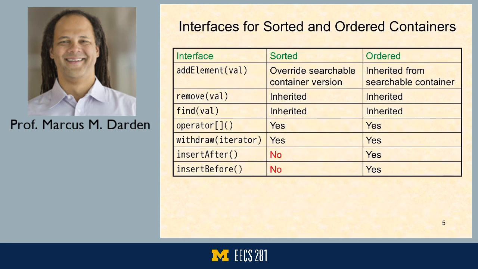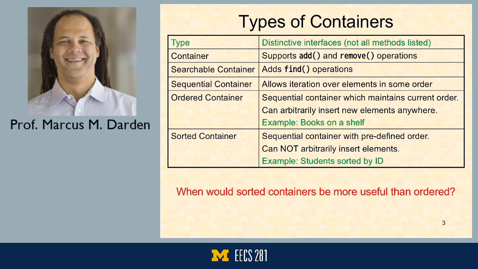So as we look at the interfaces of these ordered and sorted containers, we'll look at how they work from other base containers. So the interface here is, let's add some element. In a sorted container, I'm going to have to override the default searchable container insertion, because a searchable container is just something that lets me look through it. If we remember from the previous stage, a searchable container is just a container that holds things and adds a find operation.